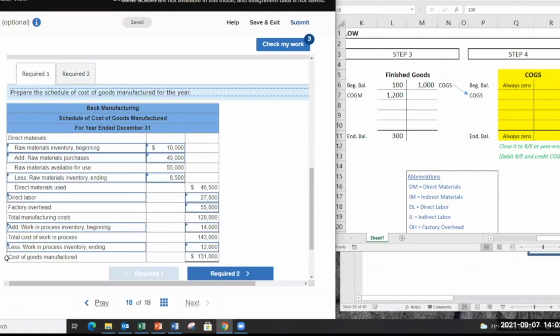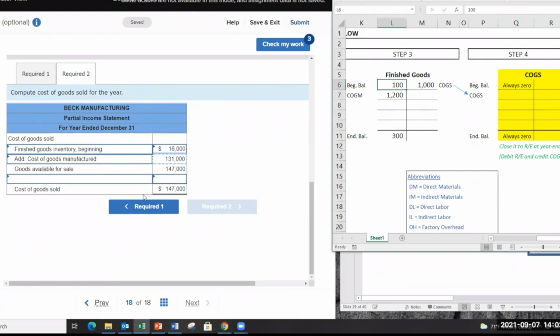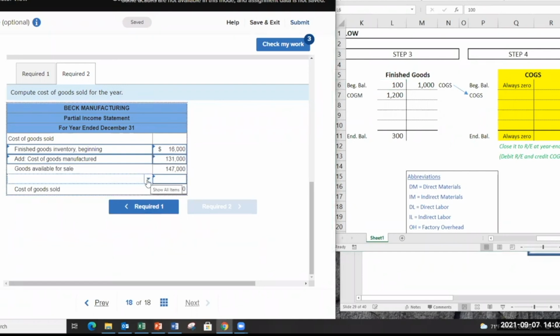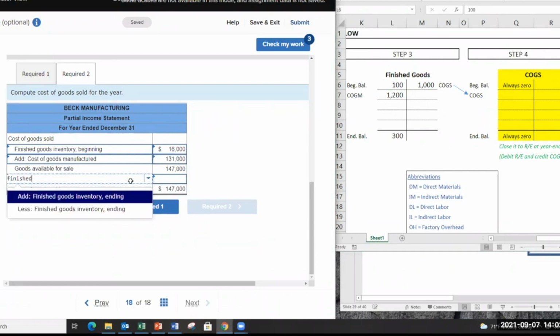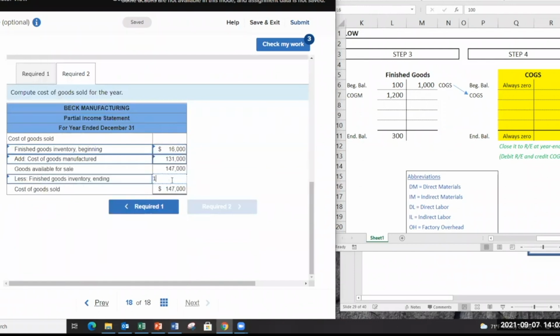We calculated that over here and it was 131,000. And then we subtract our ending finished goods, 18,000. That brings the 147 down to 129. So that's my cost of goods sold on my income statement.